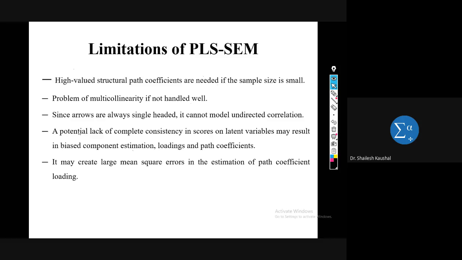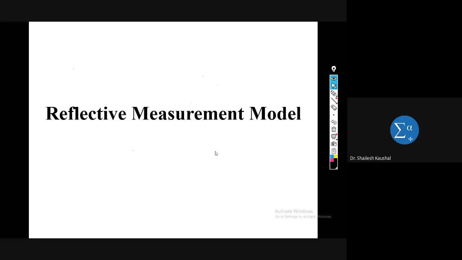Okay. Since error is always single-headed, it cannot model undirected correlation. A potential lack of complete consistency in scores on latent scores may result in biased component estimation, loadings, and path coefficients. So these are basically the limitations of this.